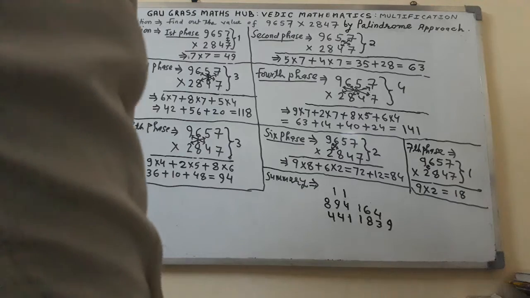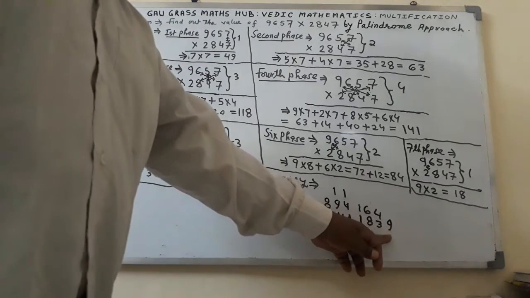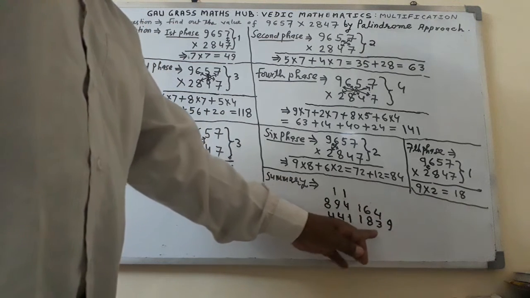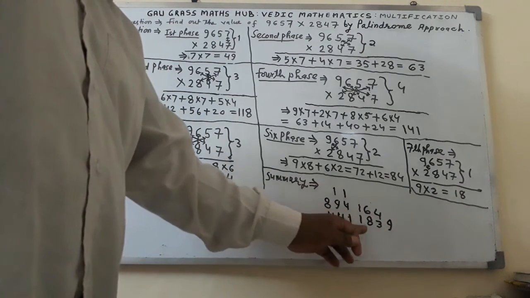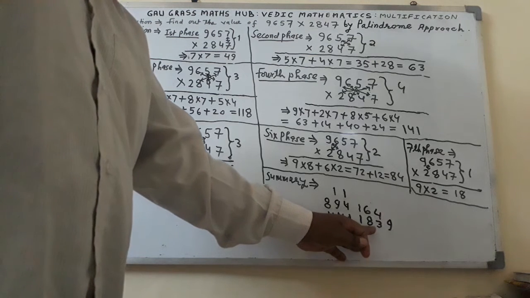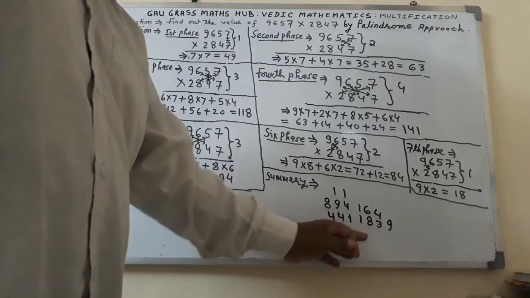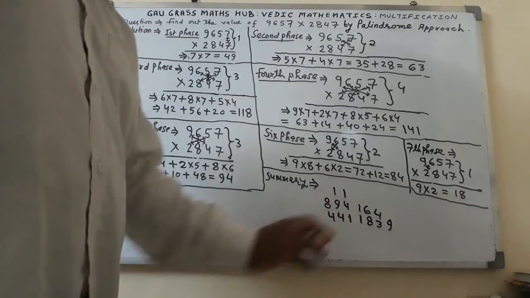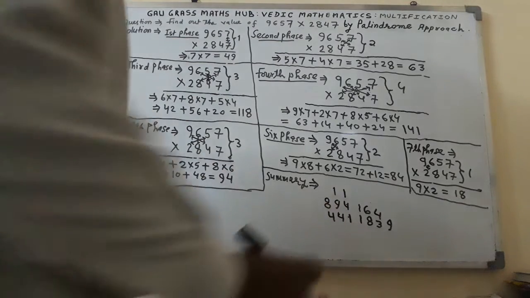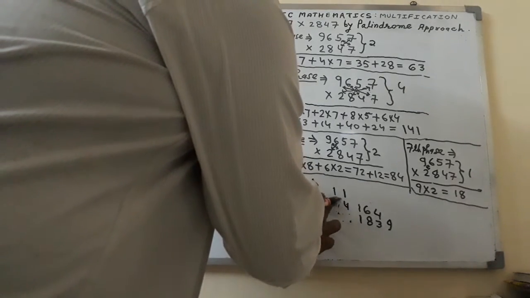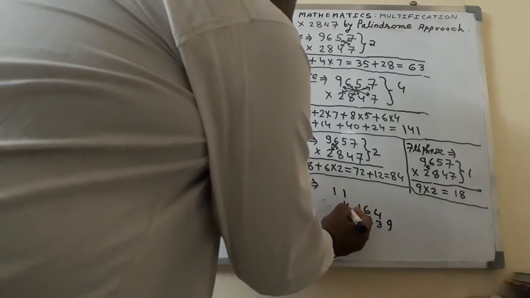And 4, 9, 4, 3, 6, 118, 141, and 141 you have got, and to meet this one I have filled like this.